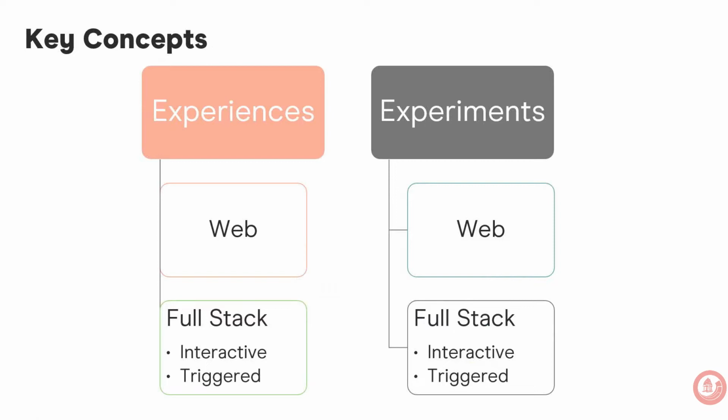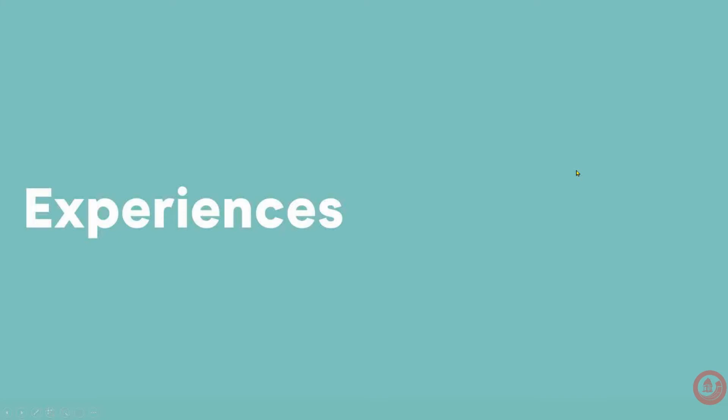There are multiple ways to do experiences or experiments: web and full stack. And full stack also has sub parts, interactive or triggered. So this is overall the key concepts which you should know when you work with Sitecore Personalize. And we'll go further deep into each topic in the upcoming slides.